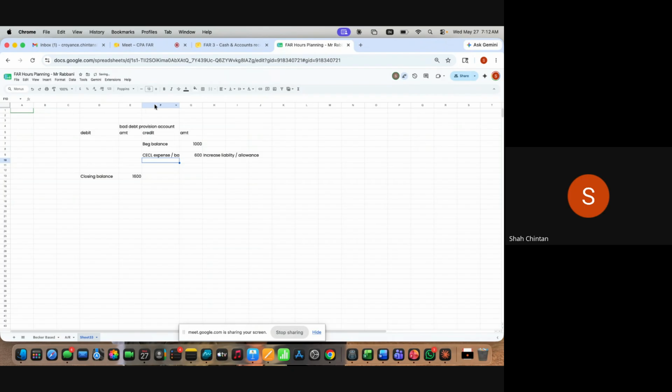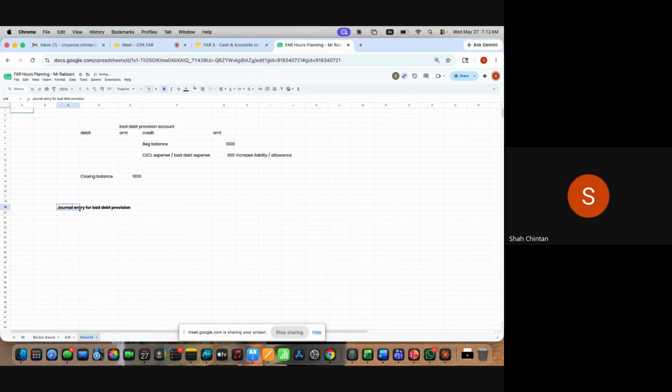Now, what is the journal entry for bad debt provision? Now, this is important. Focus रखना. Journal entry for bad debt provision. We are in year 1. Your entry is bad debt expense account debit. So this goes to your P&L. To allowance for bad debt.